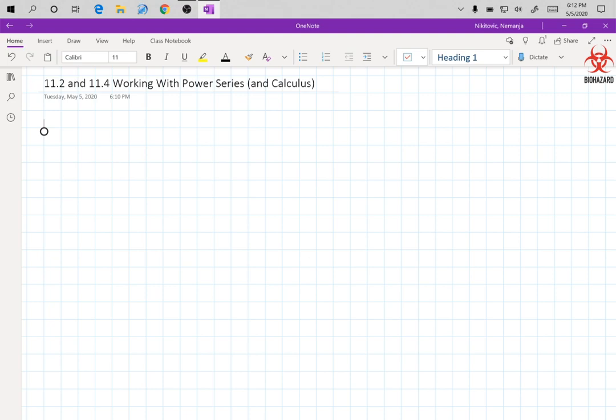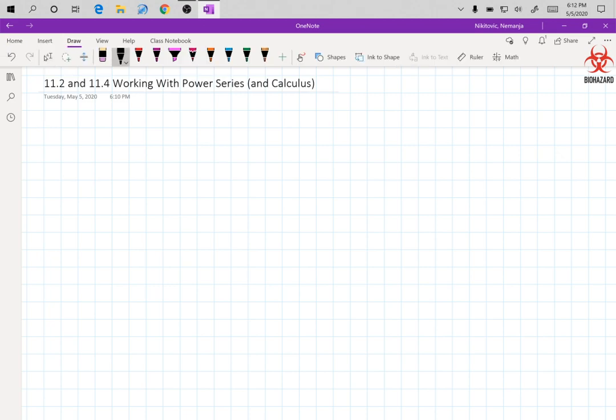All right, so let's talk about power series. We already talked about the fact that power series are supposed to approximate the functions, and we saw that the more terms you have, the better the approximation, and if there are infinitely many terms involved, then the function is equal to the power series.